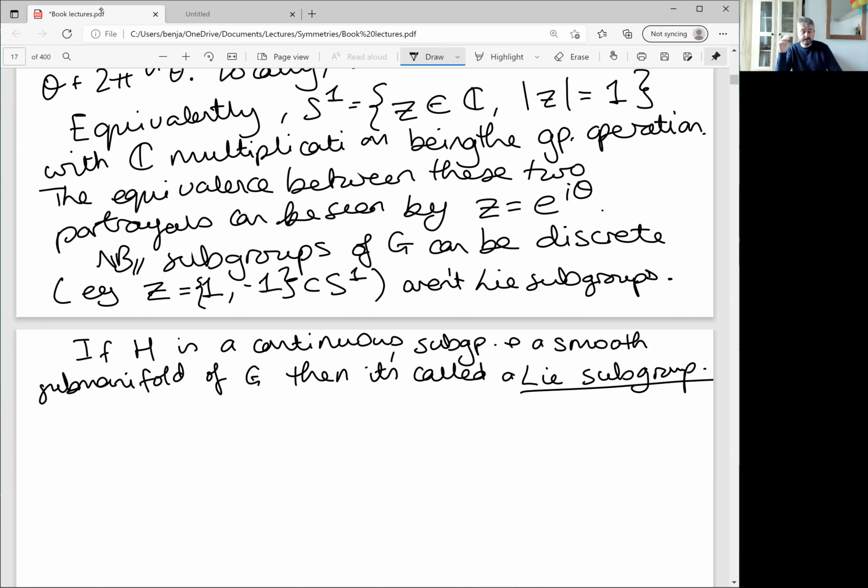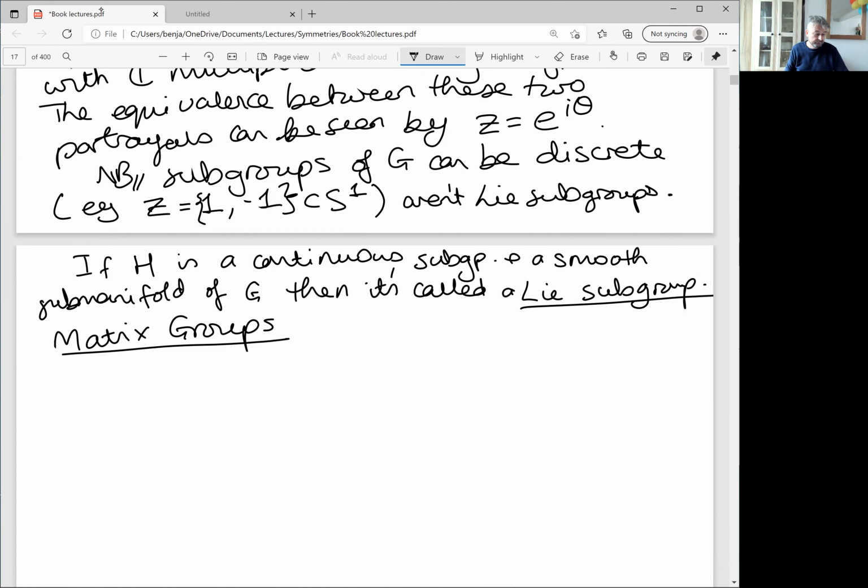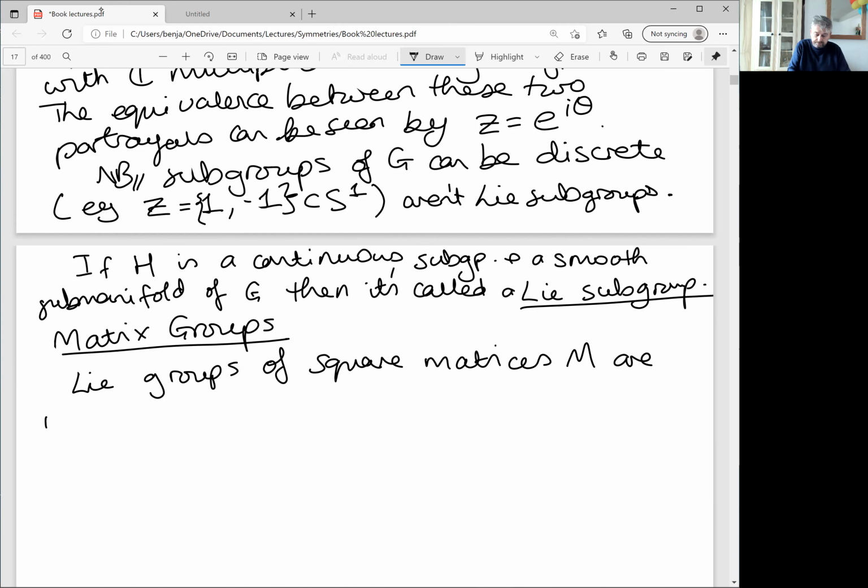Okay, good. So now let's talk about matrix groups. So Lie groups of square matrices are important, and in fact, we're going to be describing Lie groups in these terms for particle physics applications a lot. So Lie groups of square matrices, I'll call these matrices M, big M. These are important.